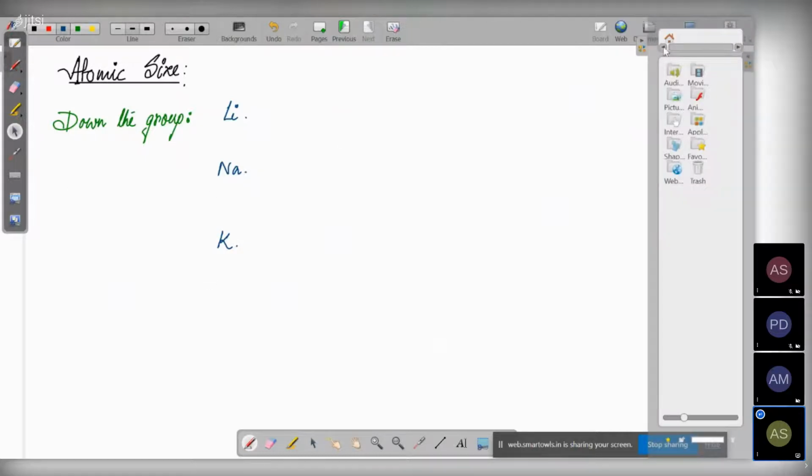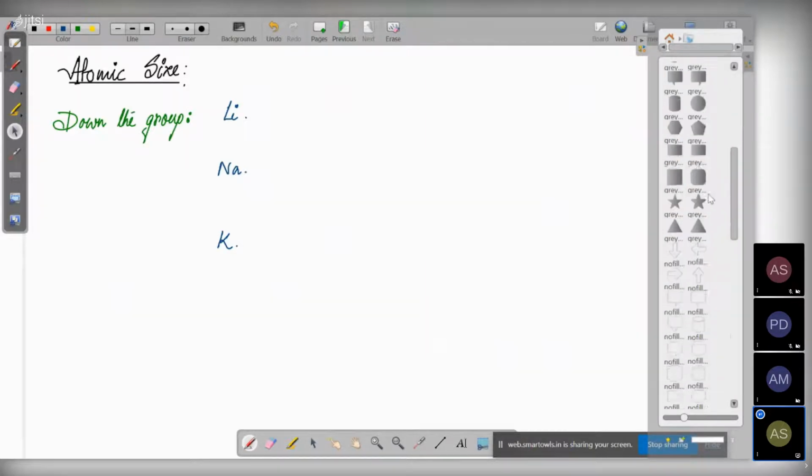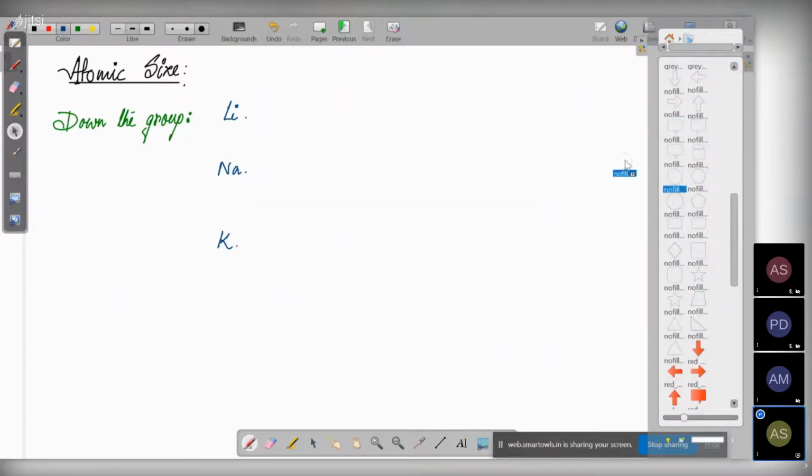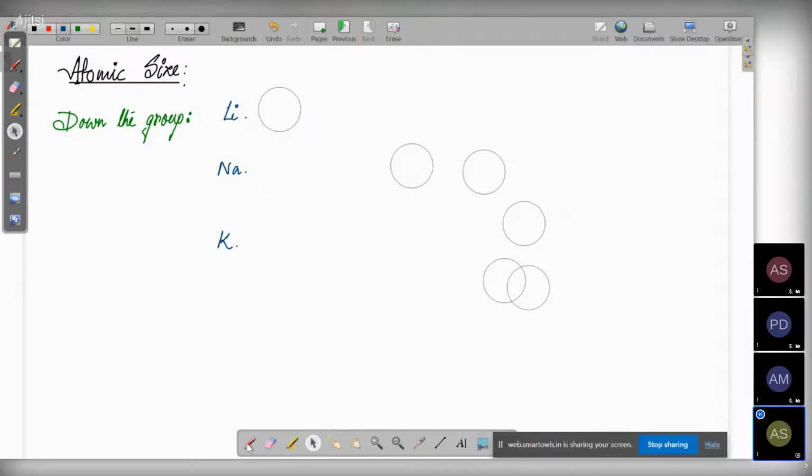So if I take some shapes from here, this is one orbit of lithium, and this is the nucleus. This is your lithium, Li, in the nucleus, and not only one orbit, rather two orbits. Lithium has two orbits.